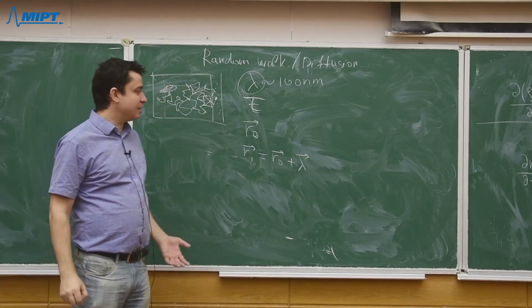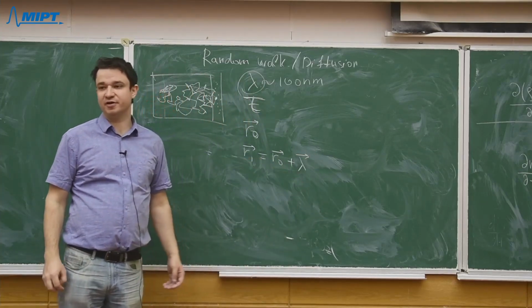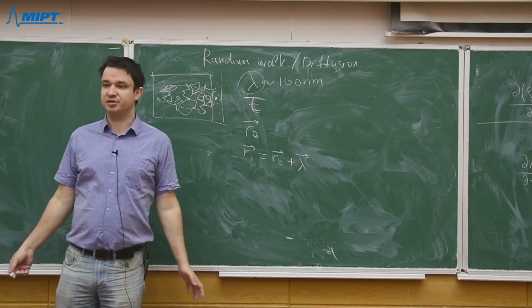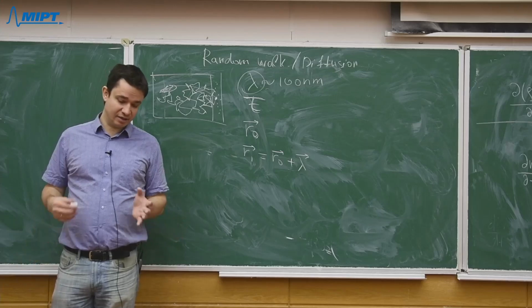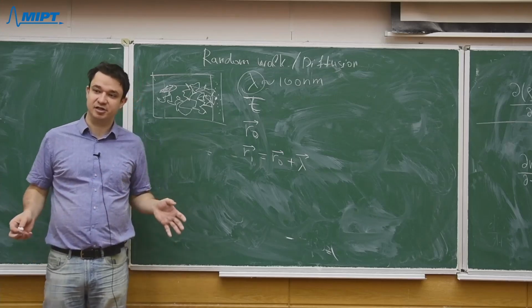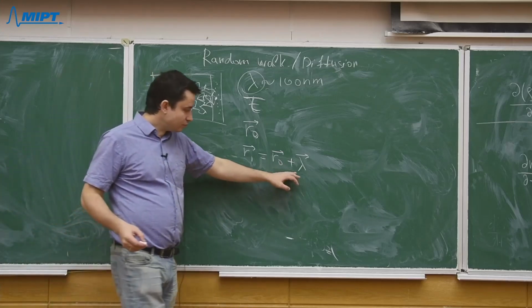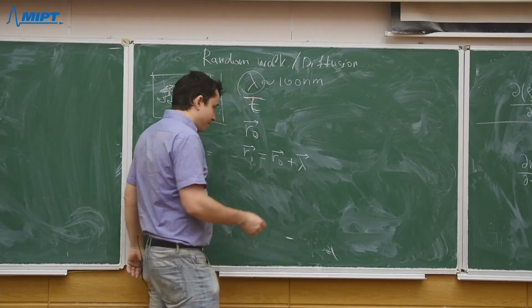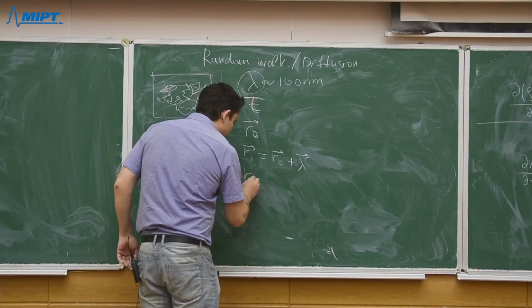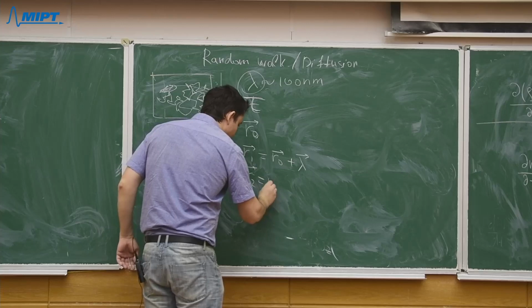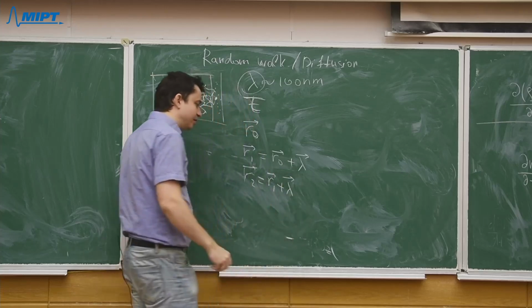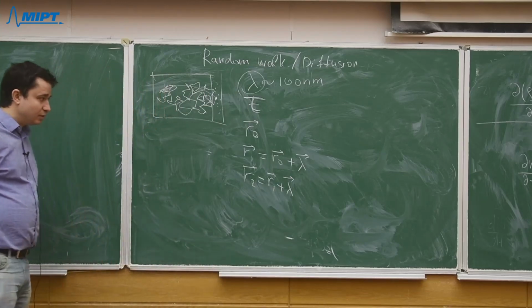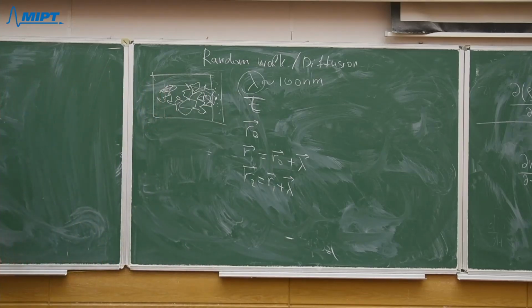We know the length of this vector, the absolute value of this vector, but we don't know the direction, because the direction has equal probability in all directions, actually. On the next step, we again add a random vector lambda. So how are we going to describe the motion?